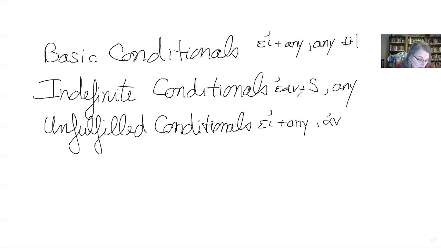Okay, the second sentence, we have ei plus an indicative aorist active. So that also fulfills the condition for the basic conditionals and the unfulfilled conditionals. But now we look at the rest of the sentence and we have ouk an apethanon. And so now we see, okay, this one is an unfulfilled condition. So we're going to translate that in a way that communicates that we don't think that the if clause is true.